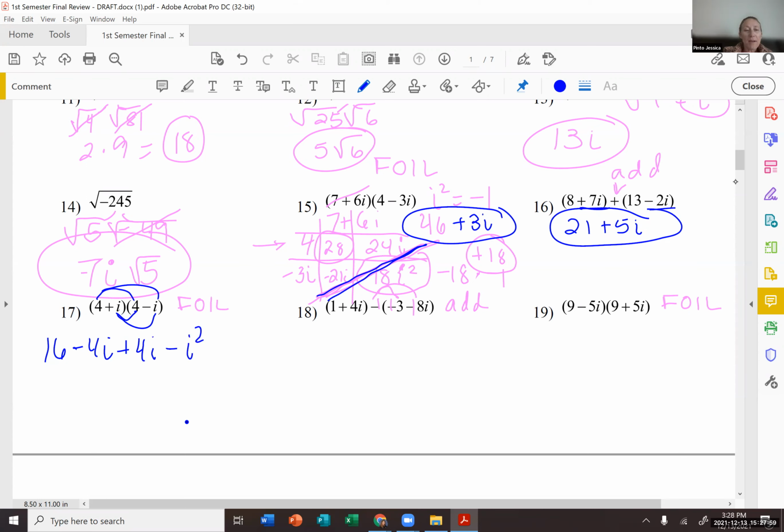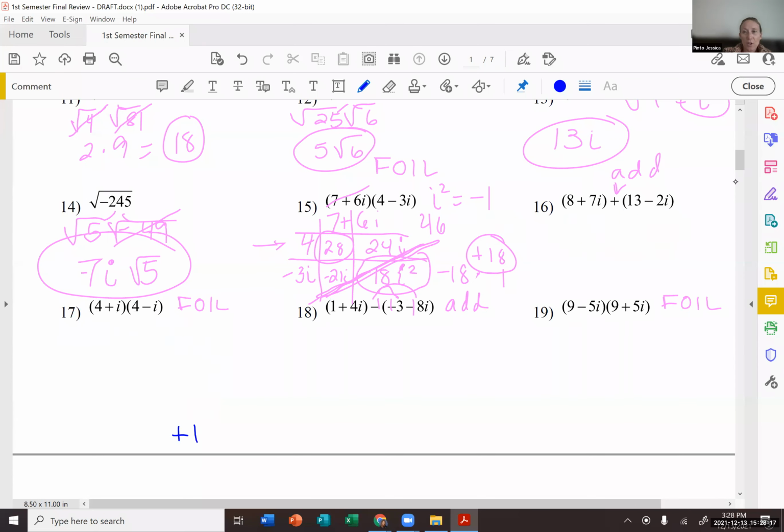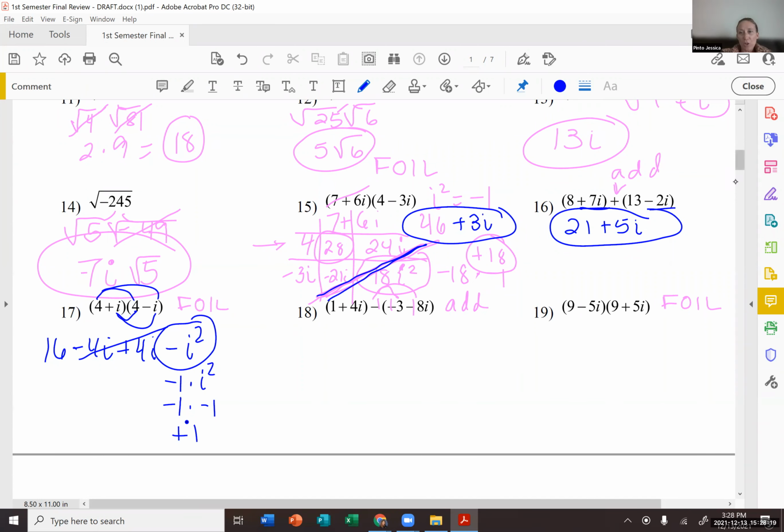So when I go to combine my like terms, I see that this cancels out, and here I have negative i squared. We need to note that that's negative 1 times i squared, which is negative 1 times negative 1, which is positive 1. So it's really important on this one to show a lot of work. So I have 16 plus 1, 17 is the final answer.